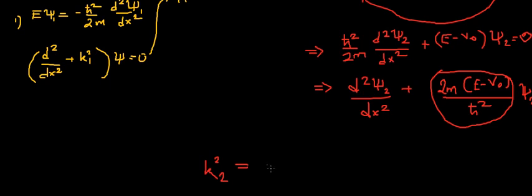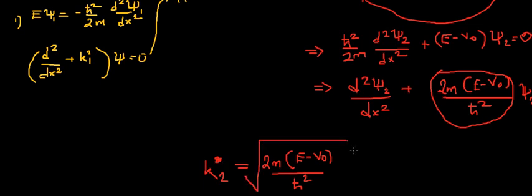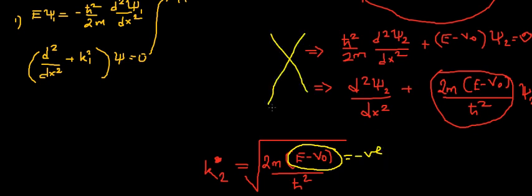So if you write k2 square as 2m (E minus V naught) divided by h cross square, then k2 will become the root of this. So this is the root of a negative quantity. This is the problem, because E minus V naught is negative. So this analysis is not good. We don't know how to handle this.